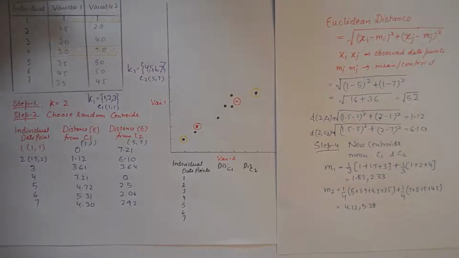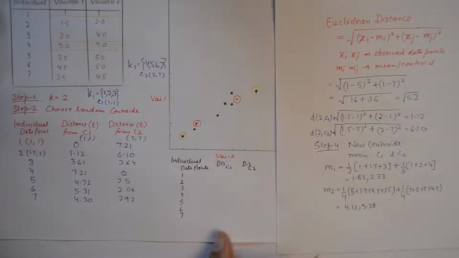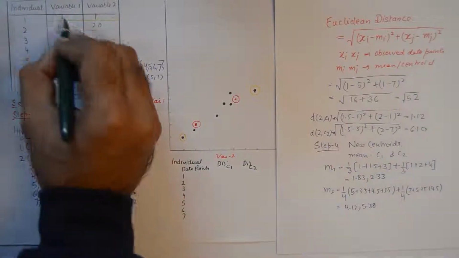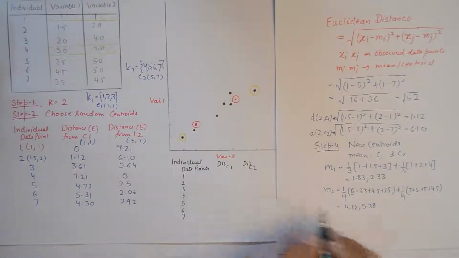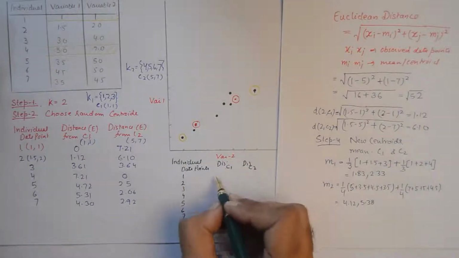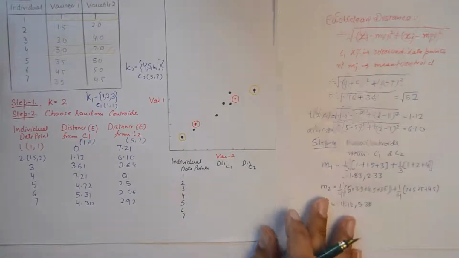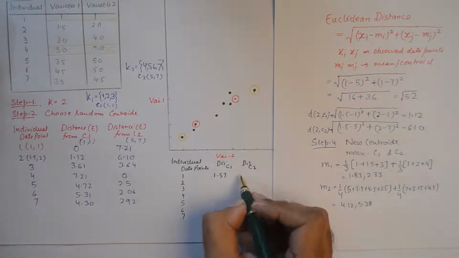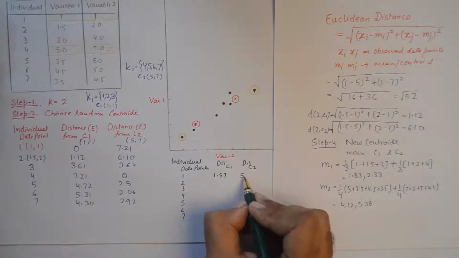and from centroid 1, point number 1, which is 1, 1, and how far is it from this new centroid. You can calculate it using the Euclidean distance formula, and it comes out to be 1.57. I know these calculations are pretty lengthy. This is 5.38.